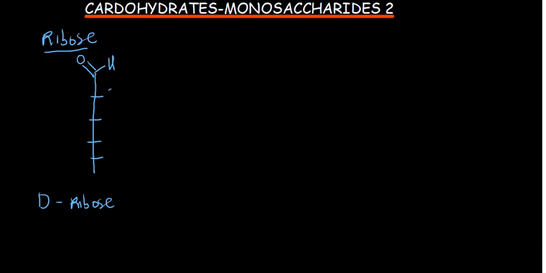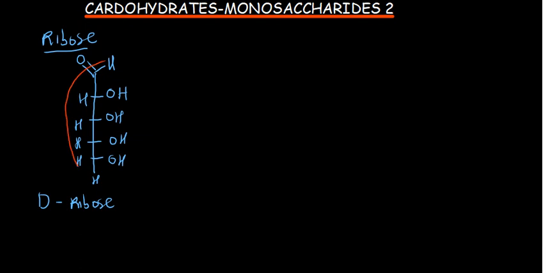So we're supposed to have OH there, and then OH also there, OH also there, OH also there. And then we've got H, H, H, H, H. Okay, so now what happens for the ring to be formed is the second from last carbon.